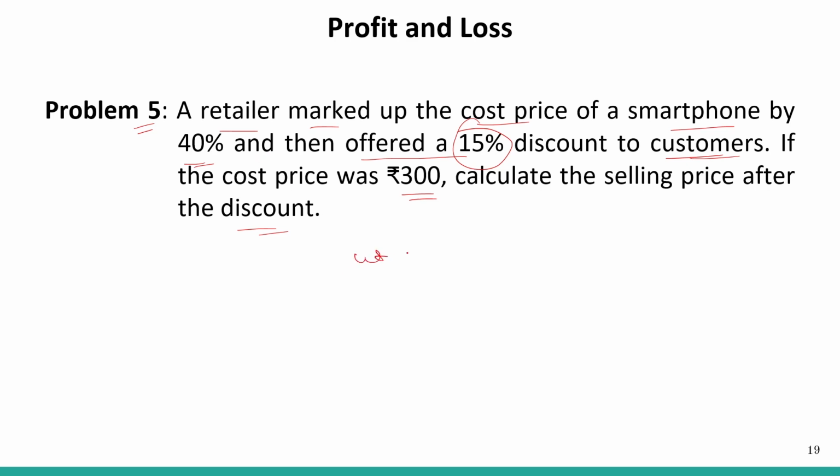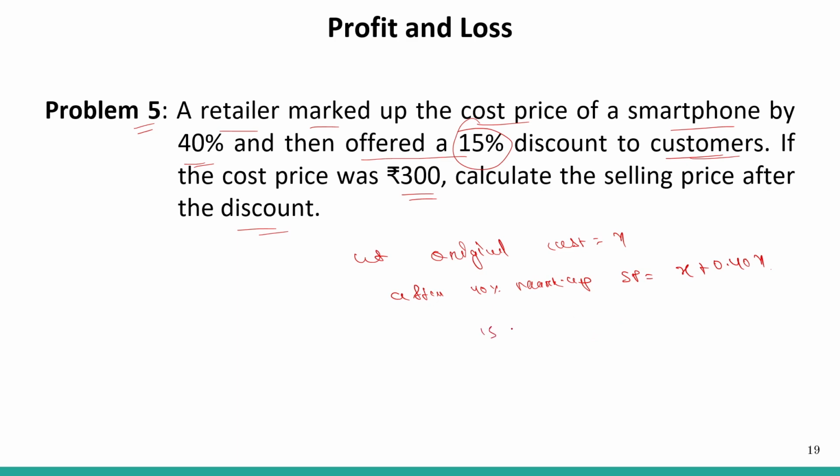So let original MRP or cost be X. So after 40% markup, SP is equal to X plus 0.40 X, right? Then he offered 15% discount to customers.